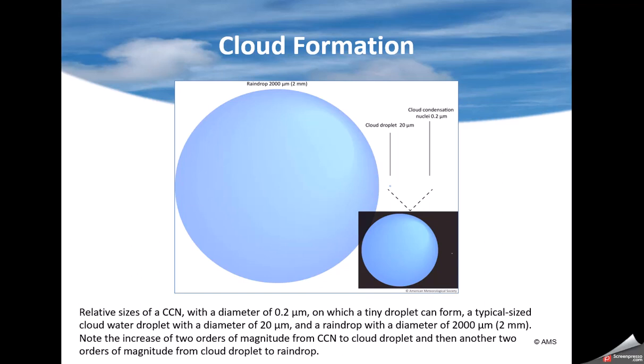So, in reality, we need to have a relative humidity of almost 300% to form a cloud droplet. However, these cloud condensation nuclei, when they're in the cloud, can actually dissolve into that first little bit of water and hold it together so that it can begin to grow. And with time, it gets large enough that it doesn't need that.